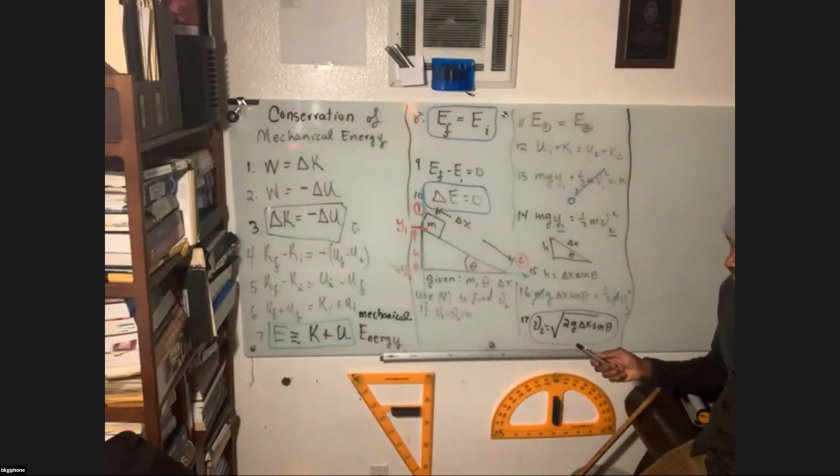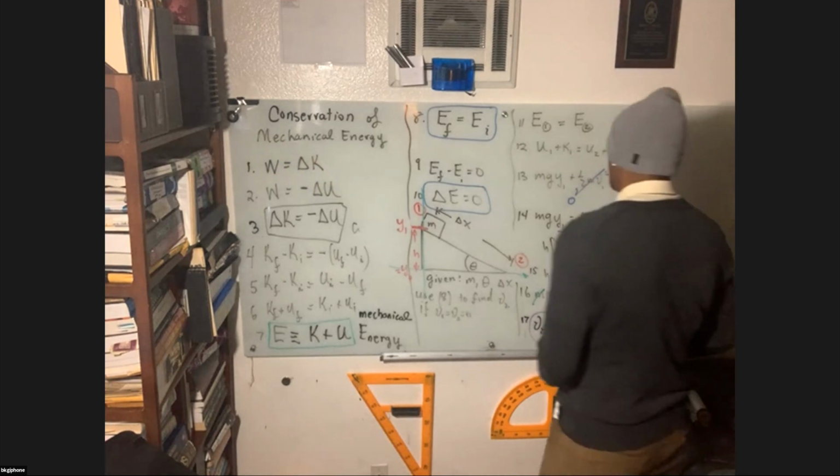Now let's go back and think about these equations a little bit more. With this equation here, I didn't really make a distinction between conservative and non-conservative forces. As it turns out, this equation applies to both conservative and non-conservative forces.